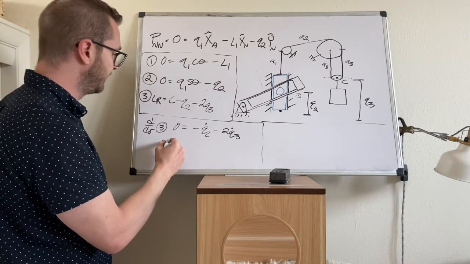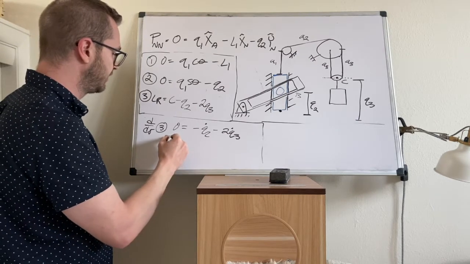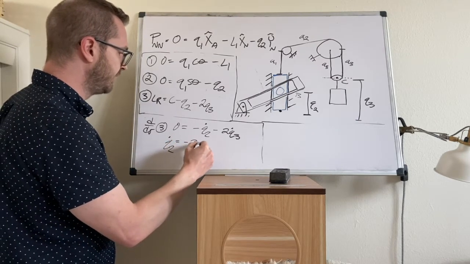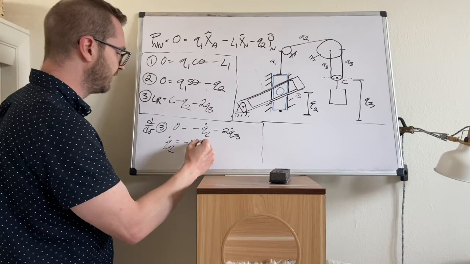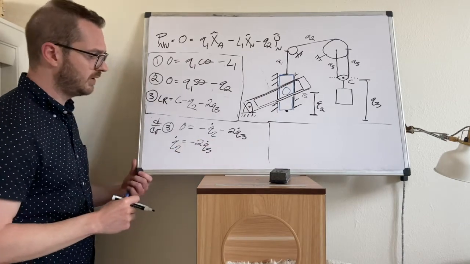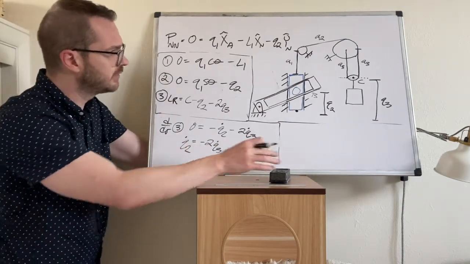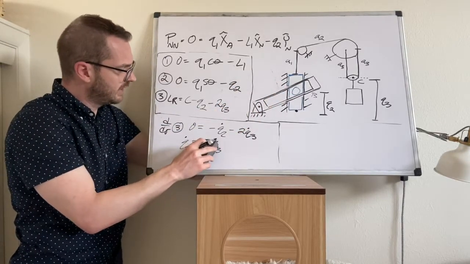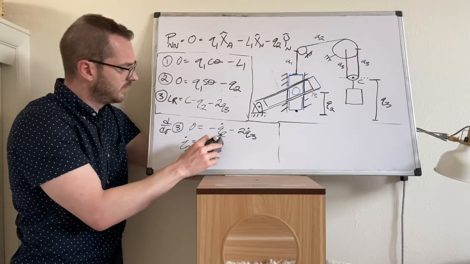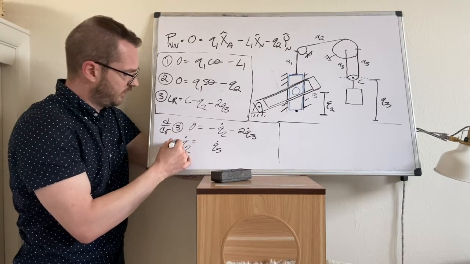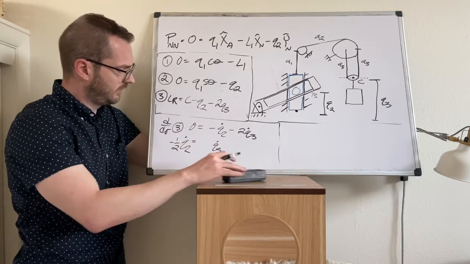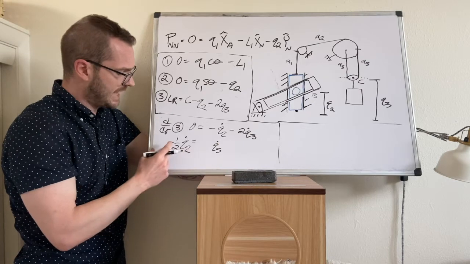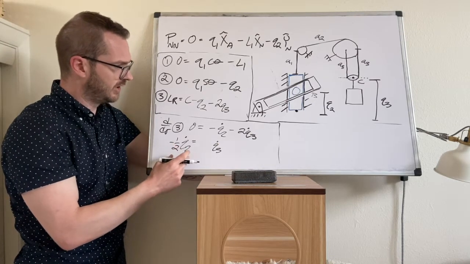So let's say that q2 dot is equal to negative 2 q3 dot. And what does this mean? Let's say we want to solve for q3. So let's move the negative 2 to the other side, and we get a negative 1/2, right? So q3 dot is equal to negative 1/2 q2 dot.